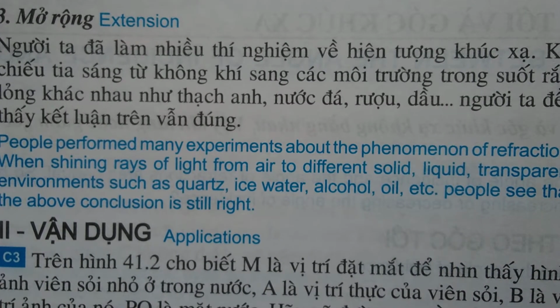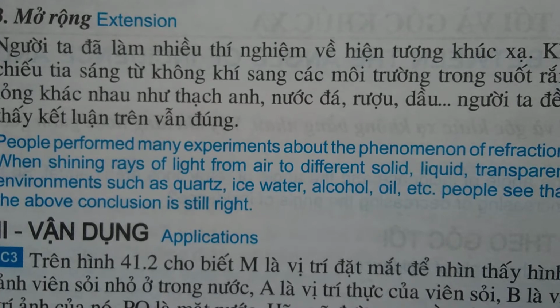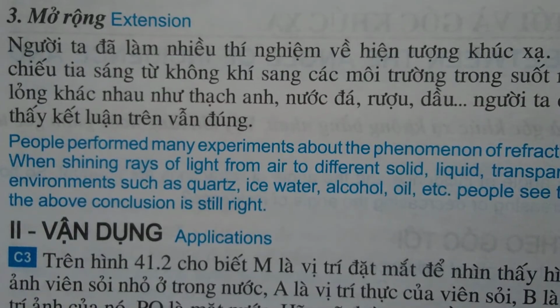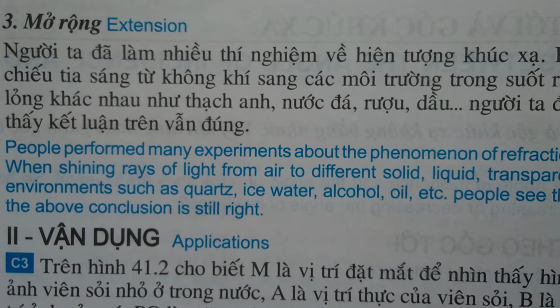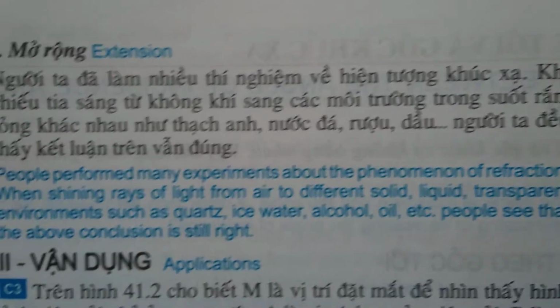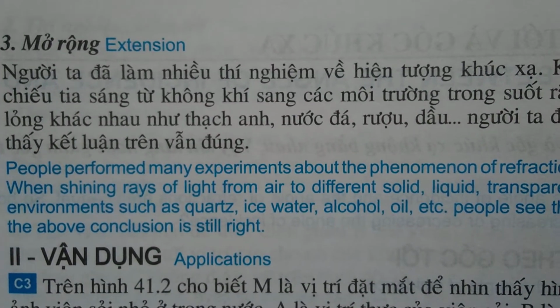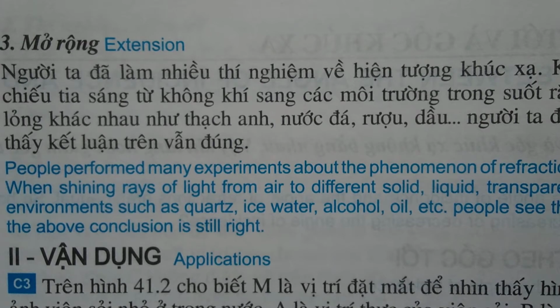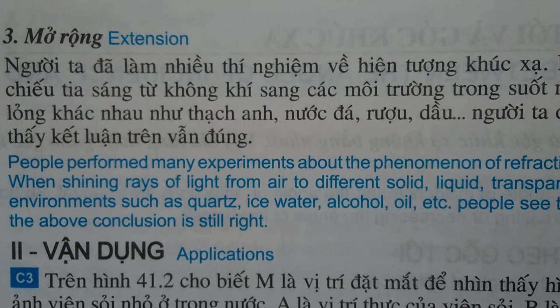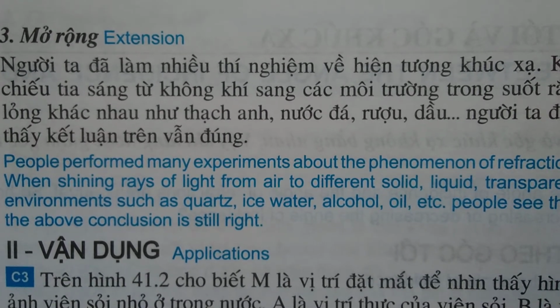People performed many experiments about the phenomenon of refraction when shining rays of light from air to different solid, liquid, transparent environments such as quartz, ice, water, alcohol, oils, etc. People say that the above conclusion is still right.